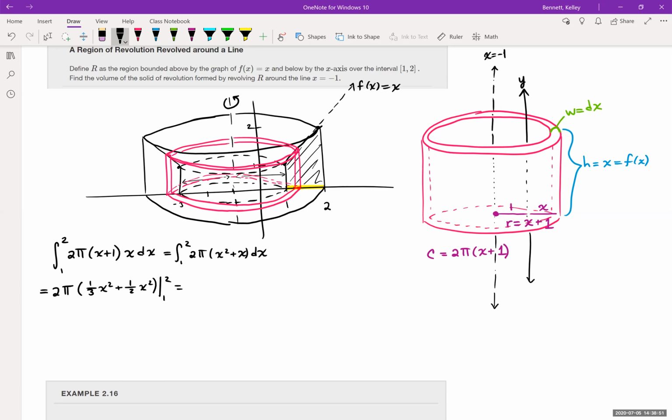So we're going to get 2 pi times 1/3 times 2 cubed, plus 1/2 times 2 squared, minus. If I just plug in 1, cubing and squaring it doesn't do anything, so this is 1/3 and a half.